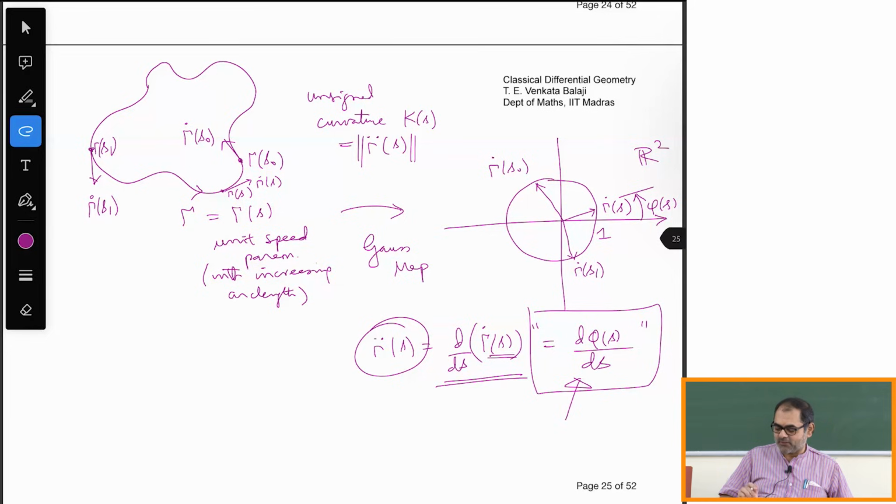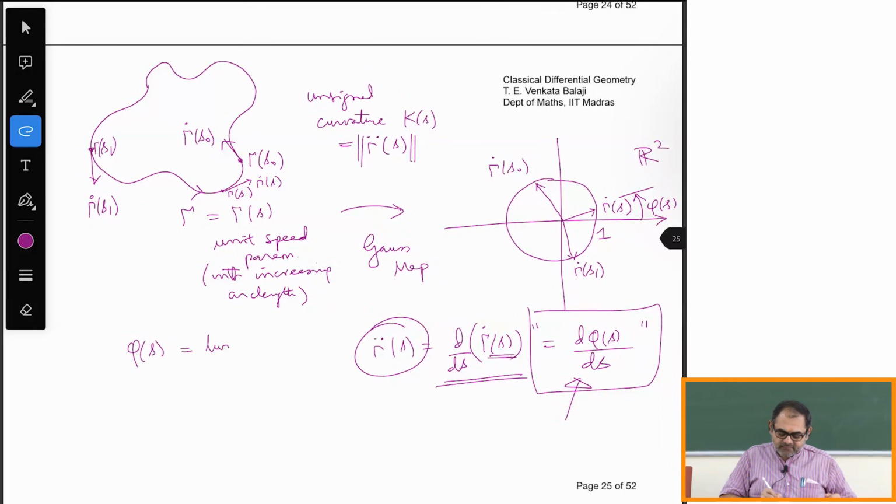The vector that is going to come in, which is a unit vector, is the unit normal, and the scalar is the signed curvature, and the signed curvature is exactly this d phi by ds, where phi of s is called the turning angle, because it is the angle by which the tangent turns with respect to a fixed direction, which we take for example to be the positive x direction.